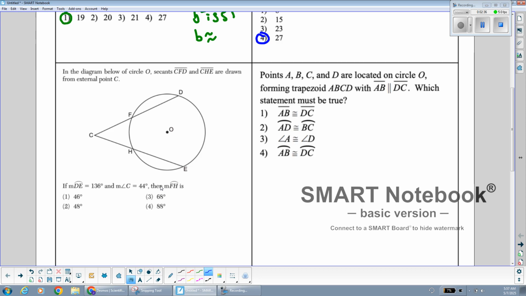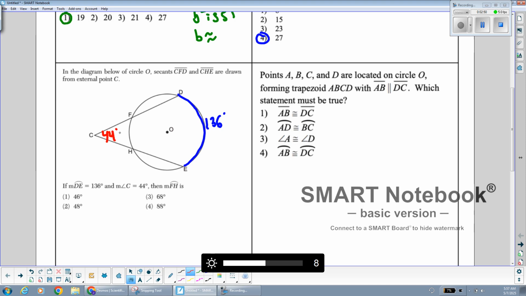For this one over here, we're given arc DE, which is 136 degrees. And we're given the measurement of angle C, which is 44 degrees. We need to find the measurement of arc FH. So we have an outside angle.